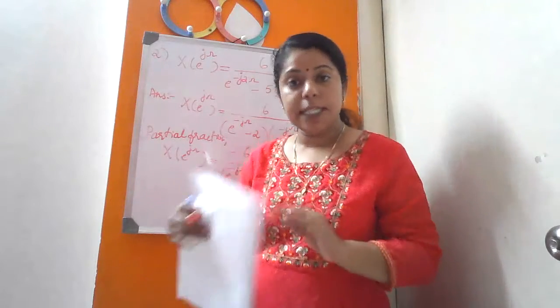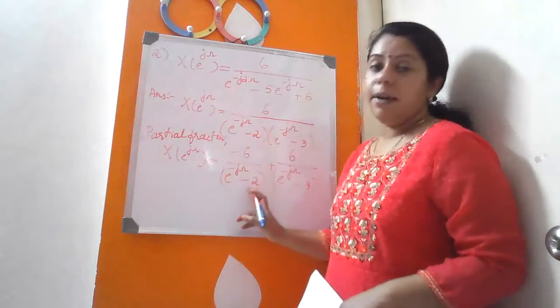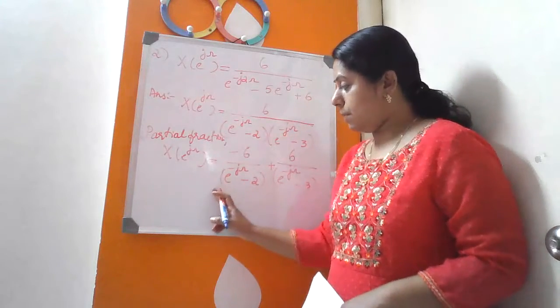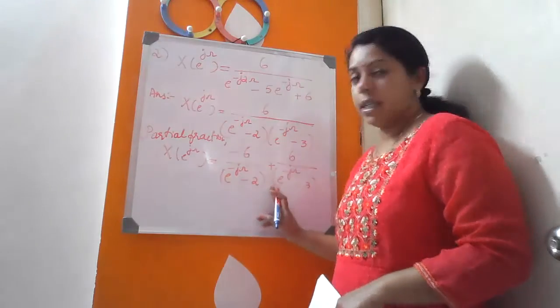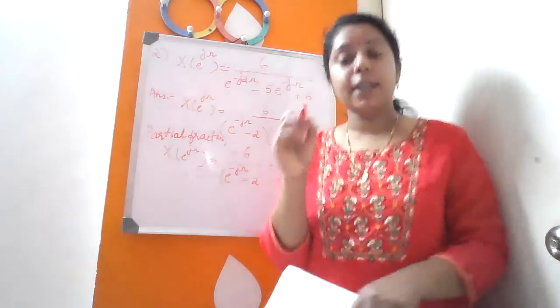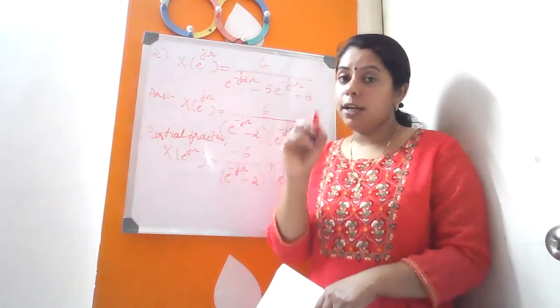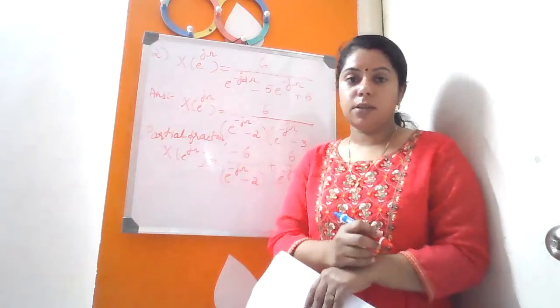So in order to get it in that form, what do I have to do? If I take minus 2 outside from the first term, and minus 3 outside from the second term, I can get it as 1 by 1 minus alpha e power minus j omega.